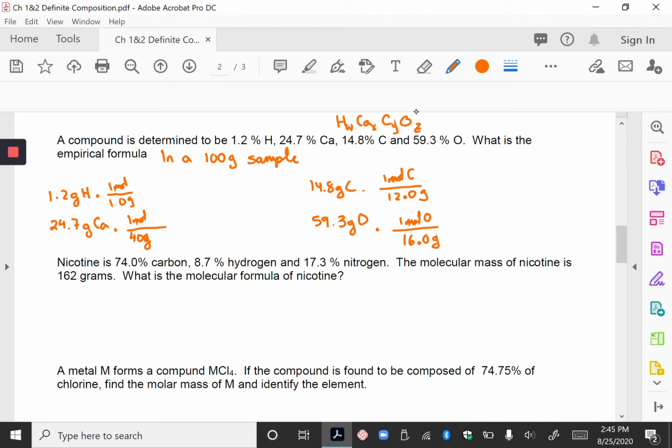Let's see, so this one's 1.2 moles of hydrogen. This one is 0.6163 moles of calcium. This one is 1.232 moles of carbon.